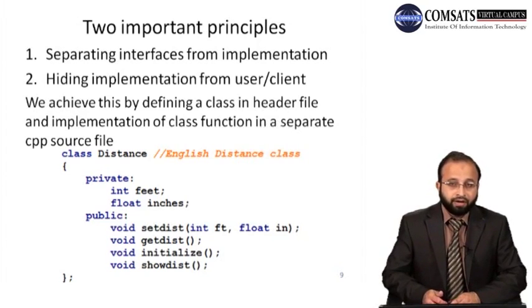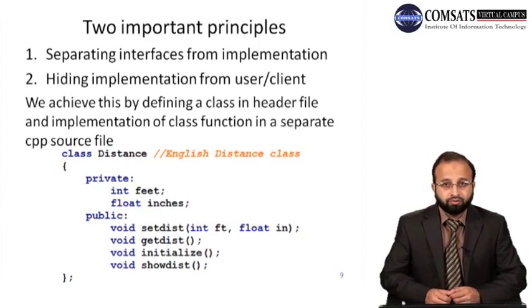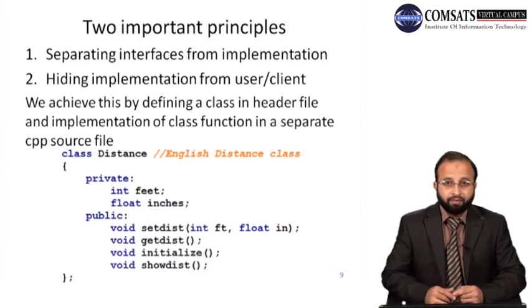But with the header file, we want to hide the private data member of our class, and also the function name and the function prototype of our class. We want to hide all the things from the user, and we want that the user should be able to use our library and call the function of our class.